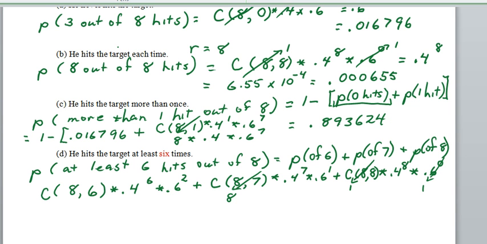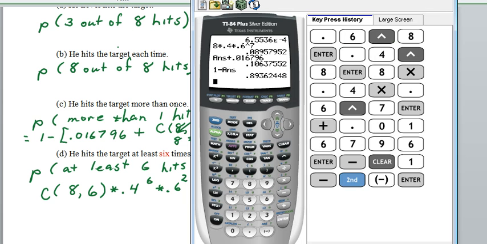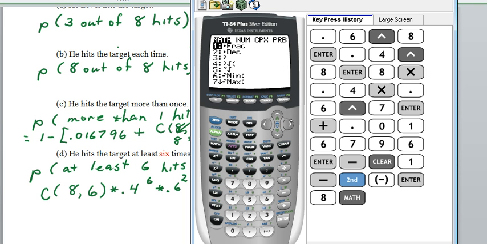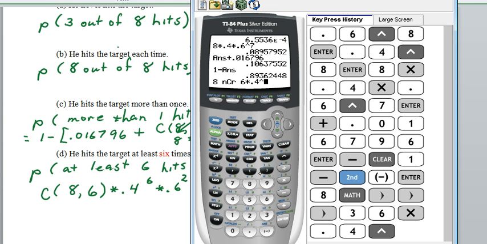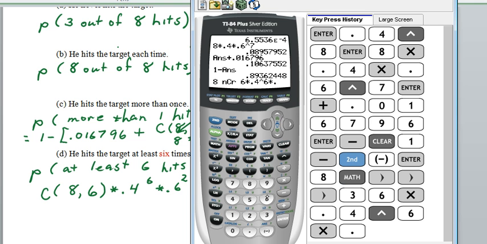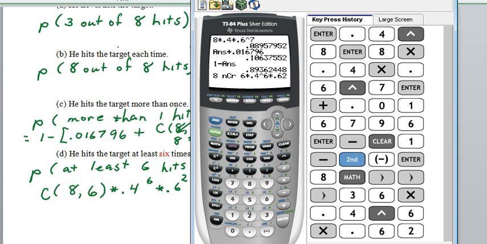So let's come to the calculator and let's do 8, math, right, 3, 6, times 0.4 to the 6 times 0.6 squared.